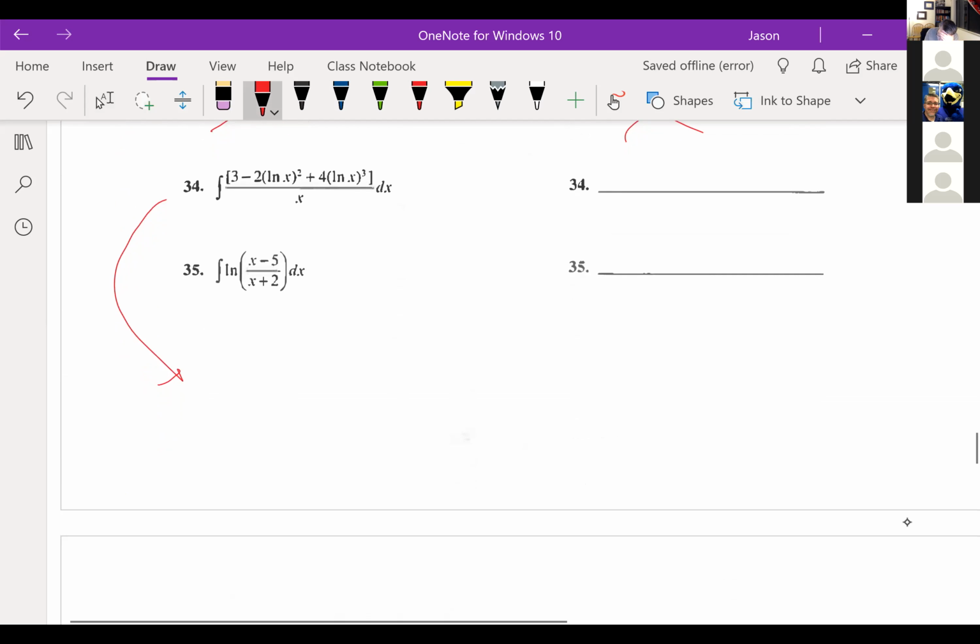34, you can do. 35, the trick on 35 is to split this up. Natural log of x minus 5 minus the natural log of x plus 2.